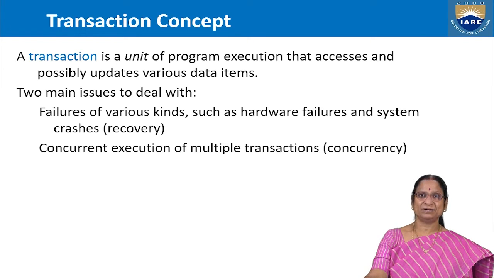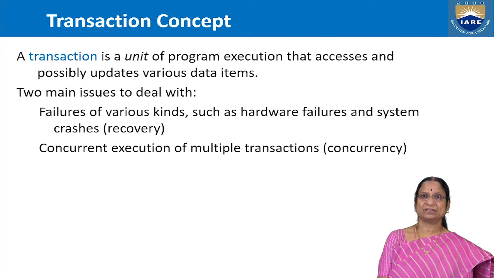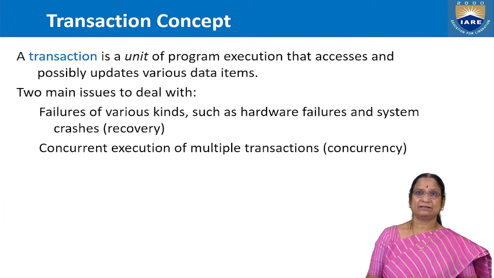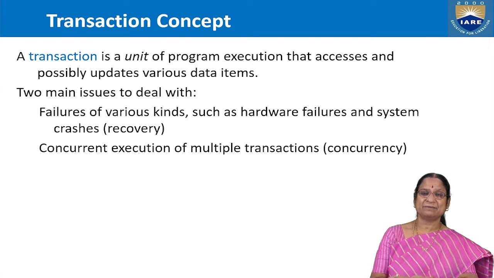So two main issues deal with our transactions: the transaction may fail or may complete successfully. If it fails, we have to take care, because partial updates may not leave our database in a consistent state.